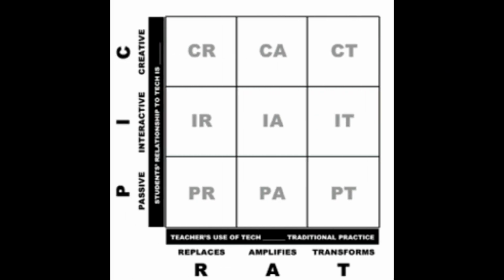Book Creator amplifies the traditional method of explaining content by allowing the teacher to present the material in a more visual format. In this case, it's passive for students because it's a presentation. Scratch transforms learning by enabling students to apply understanding into a programmable context. It is creative because students are coding in Scratch using their creativity.